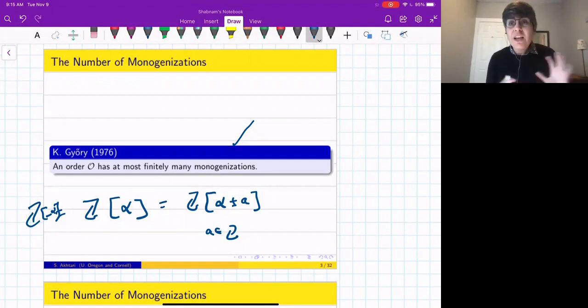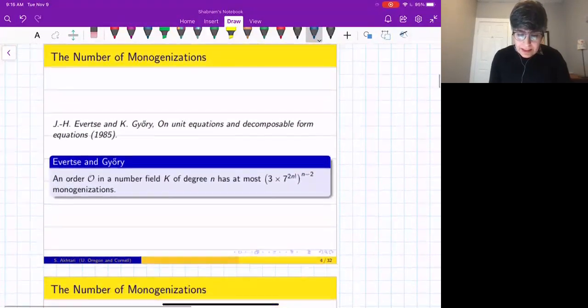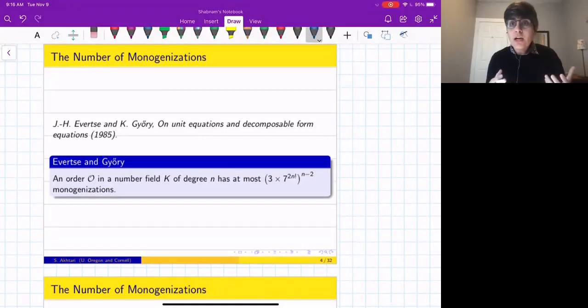And this very, very deep result of Győry, not obvious at all, proves that there are finitely many of them for any given ring. Another result, due to Győry and Evertse about a decade later, actually quantifies that, and they try to count the number of possible monogenizers.